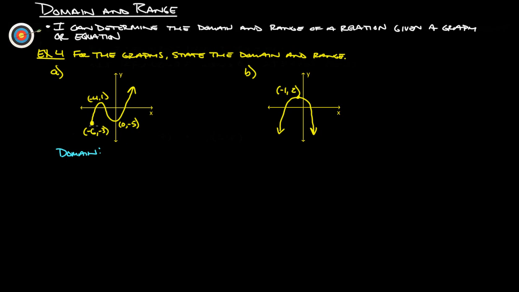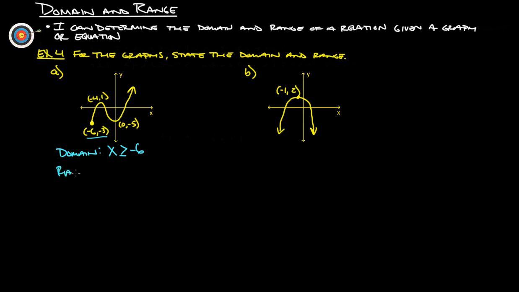We can see that x starts here. The x value here is -6, -3. So our x starts at -6, and it just gets bigger and bigger. It doesn't get smaller and smaller. So x has to be greater than, and it's a closed circle, so greater than or equal to -6. It goes from here all the way to the right forever and ever.